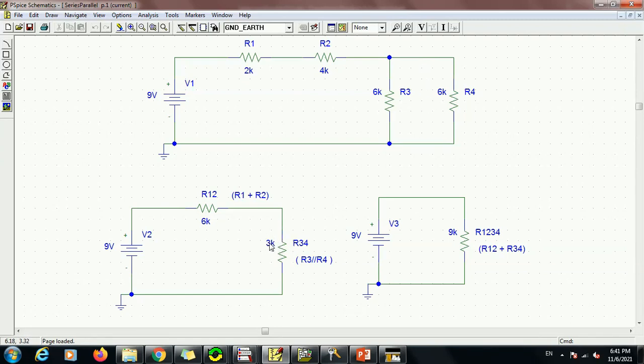So this could also be a reason why we use multiple resistors in parallel. And it also applies to series resistors. I might not have the 6 kilo ohm directly, so I just have 2 and 4 or 3 and 3. So I can use what is available to me, and this will give me the same result.